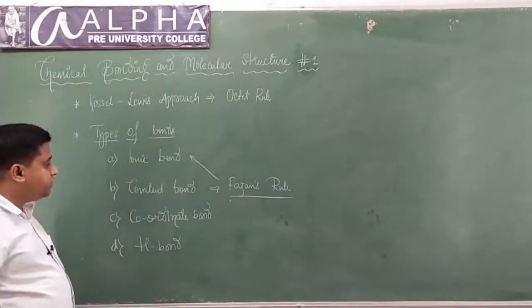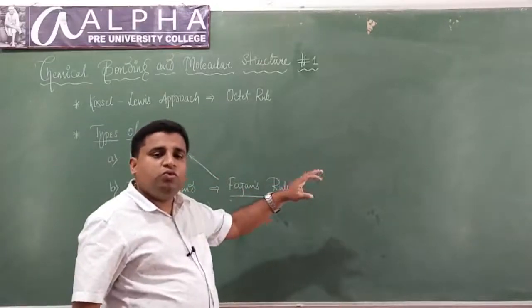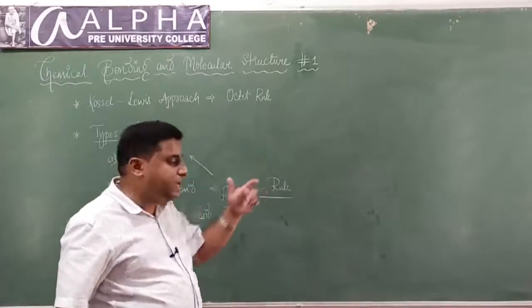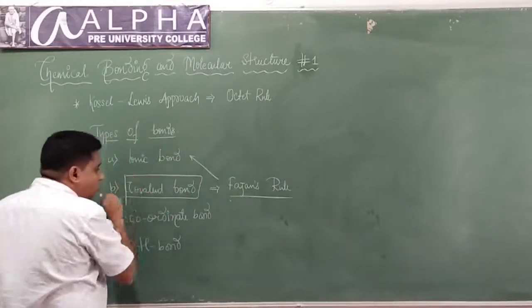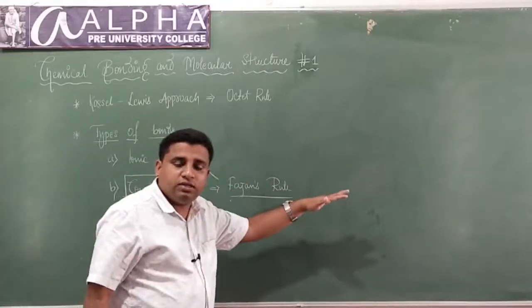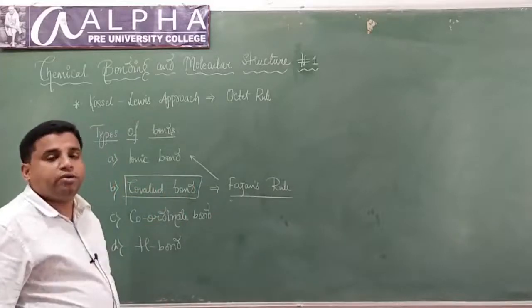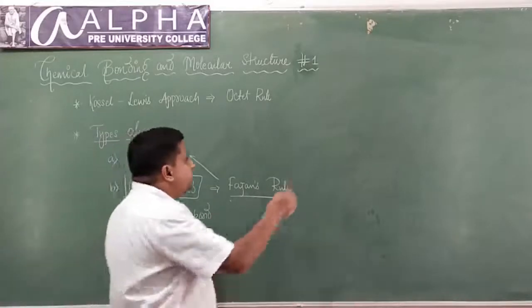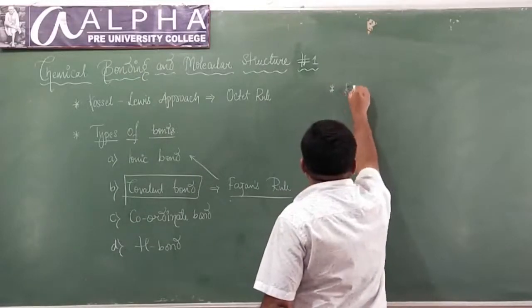Fajan's rule, isn't it? And the next concepts we will completely emphasize on a very important type of bond, that is the covalent bond. The next upcoming concepts that we are going to discuss will be completely on covalent bond. Well, students, the next topic that we are going to study is dipole moment.